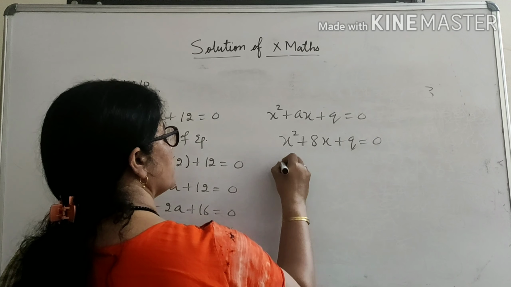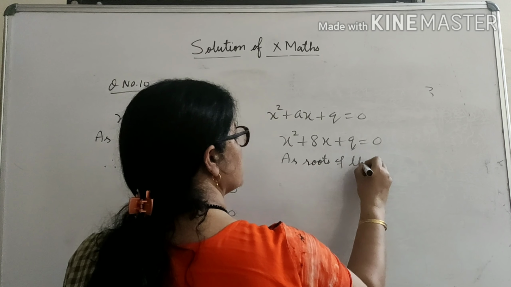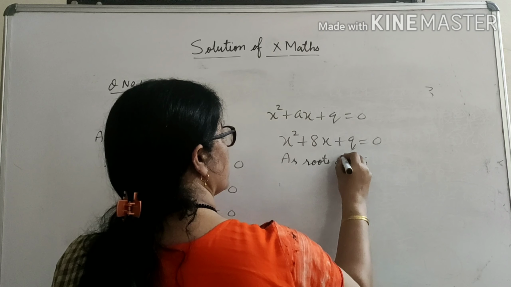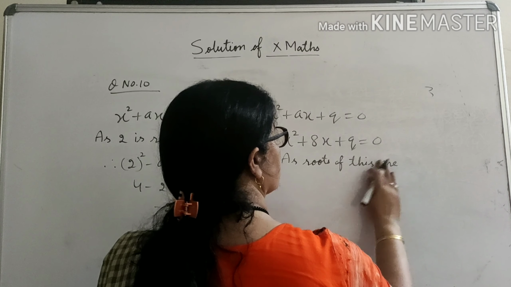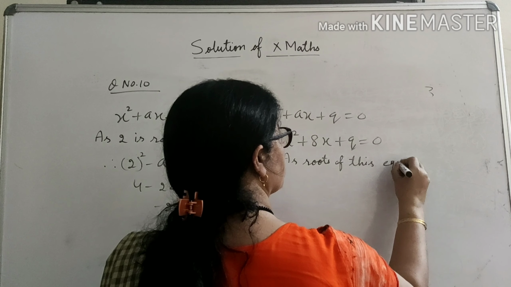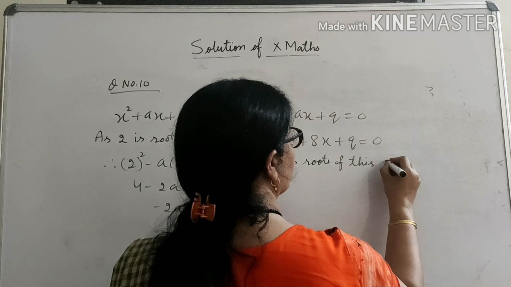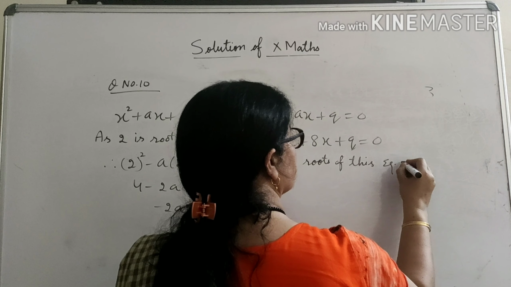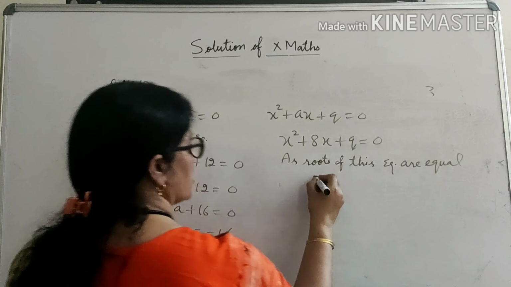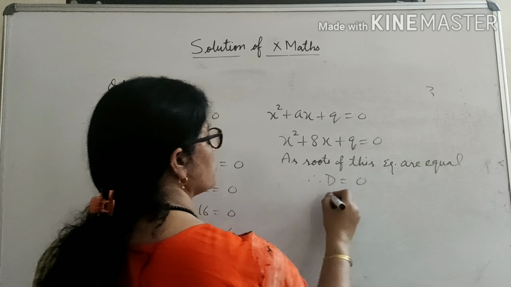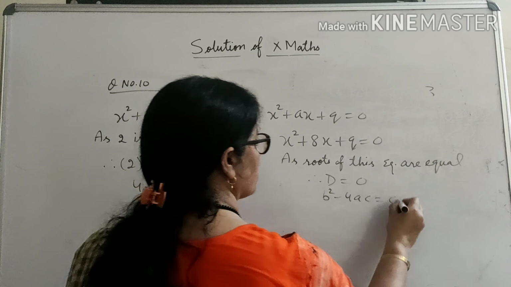As the roots of this equation are equal, therefore the discriminant is equal to 0, which means b square minus 4ac equal to 0.